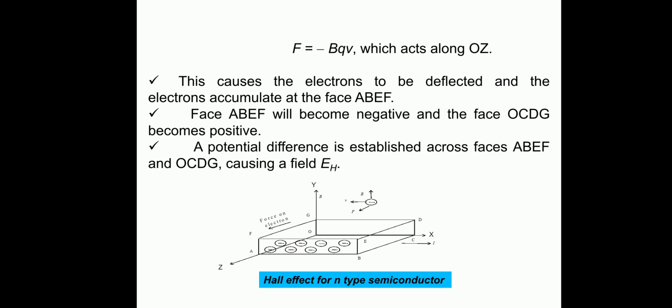So a potential difference is established across the faces ABEF and OCDG, causing a field EH. We have minus charges on the ABEF side and plus charges on the OCDG side, which contribute a potential difference, and due to this potential difference an electric field EH is generated. This electric field is called the Hall electric field EH.